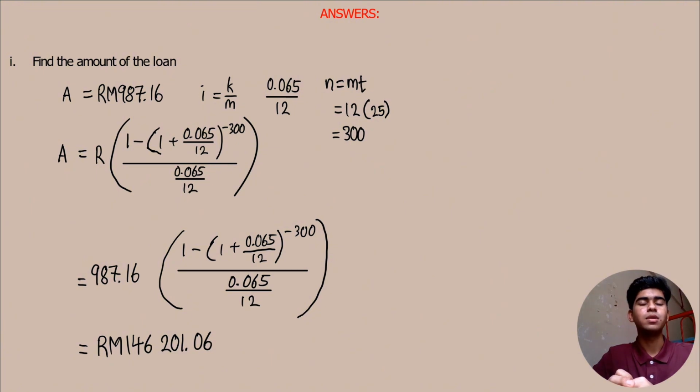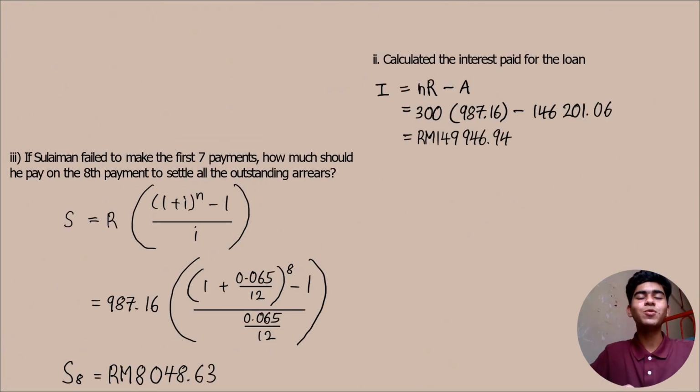So we got 987.60 multiplied by in bracket 1 minus in bracket 1 plus 0.065 over 12 close bracket power of negative 300 over 0.065 over 12 close bracket. So the answer we get is 146,201.06 ringgit.